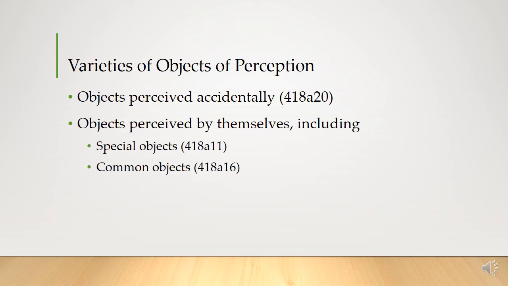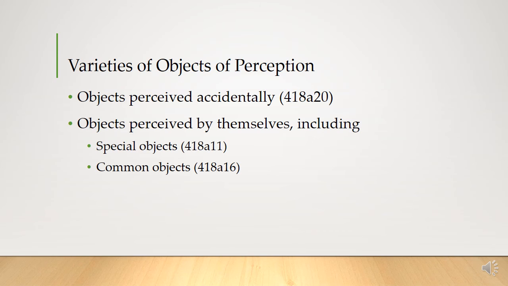Objects perceived by themselves are those objects perceived because of what they are. By comparison, objects perceived accidentally are perceived in virtue of their accidental relations with objects perceived by themselves. For example, when you see Socrates, Socrates is an accidental object of perception.